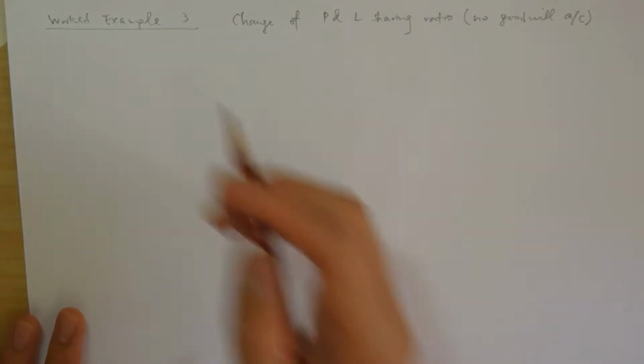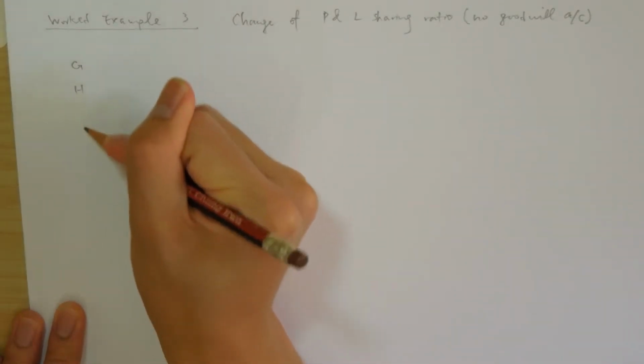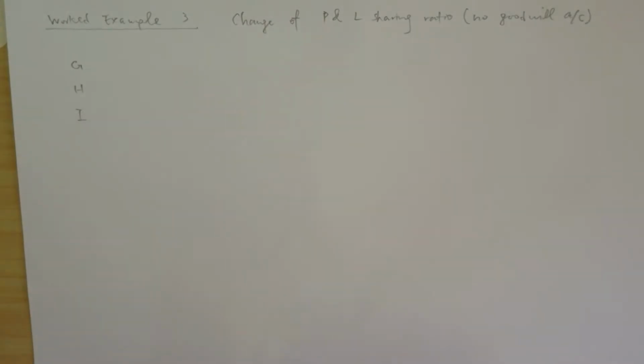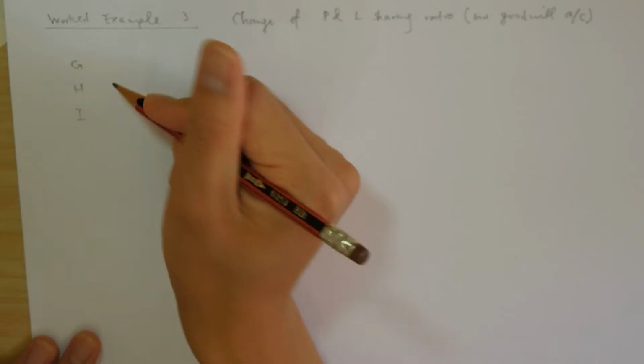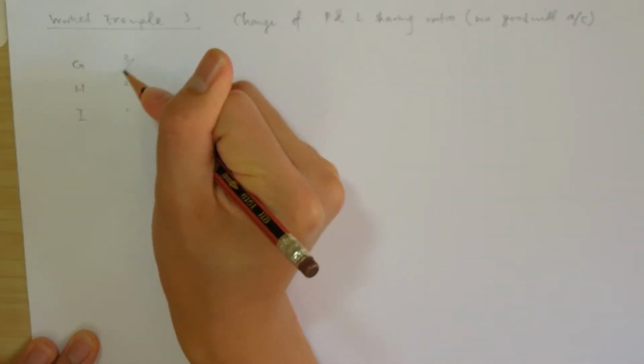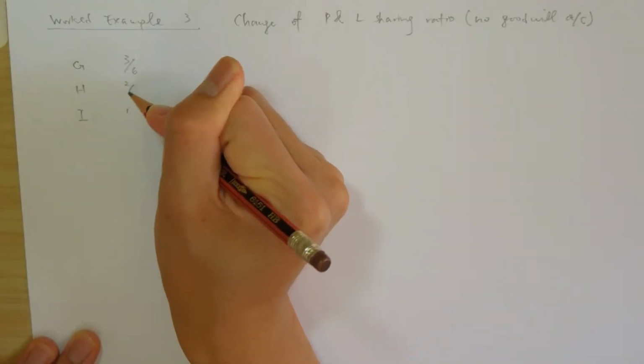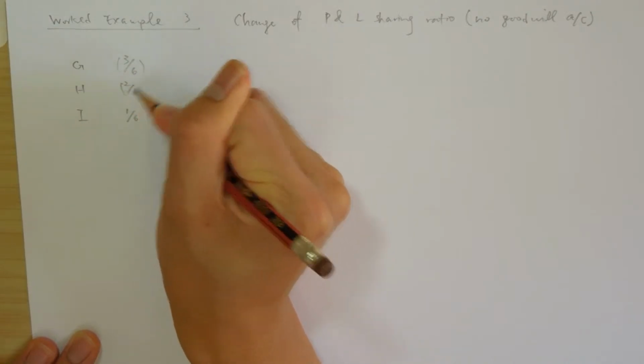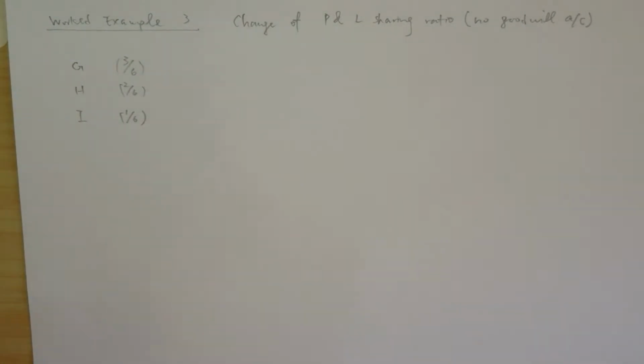Take a look at the question. You find that there are three persons, G, H, and I, and their partnership sharing ratio is 3:2:1, that means the total is 6. Okay, that's the old one.